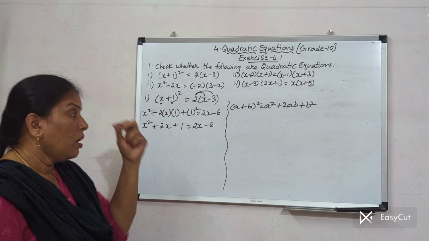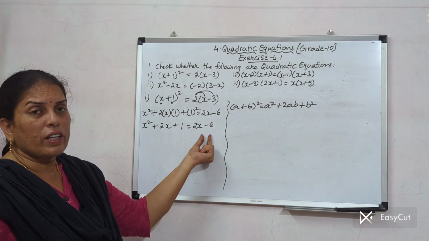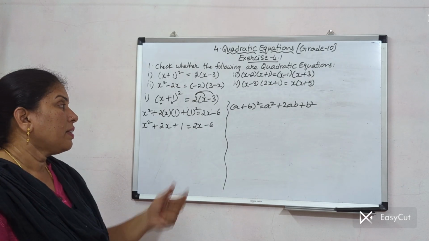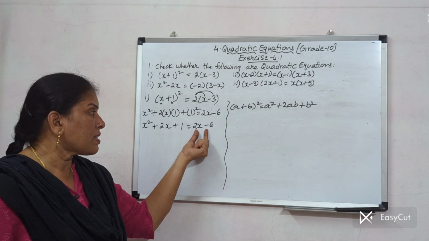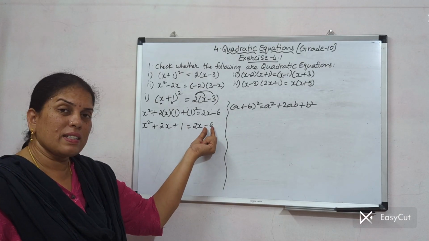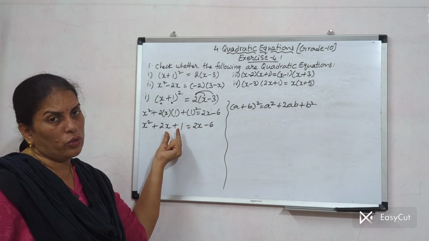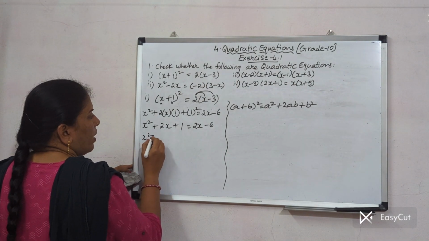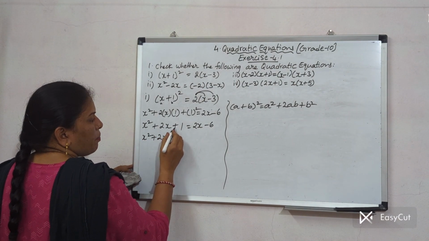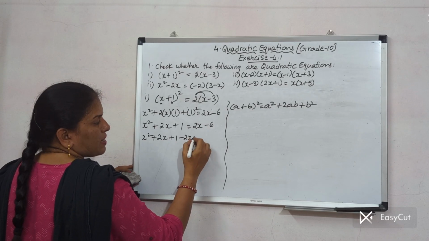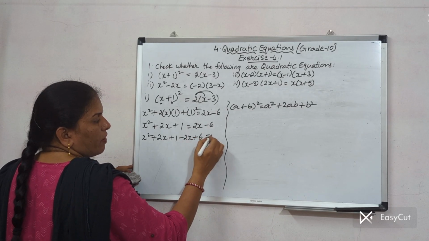All of you understood? Now, after the equal sign, whatever you have, bring those to the left side, LHS. That means 2x is there. If I send this to LHS, it becomes minus 2x. Minus 6 is there. If I send this minus 6 to the left side, it becomes plus 6. Okay. x square plus 2x plus 1, plus 2x becomes minus 2x, minus 6 becomes plus 6, equal to.